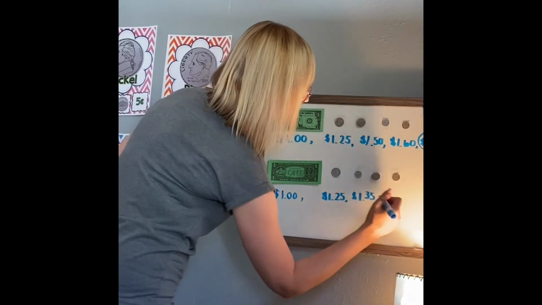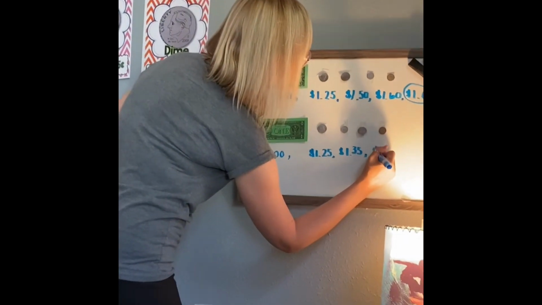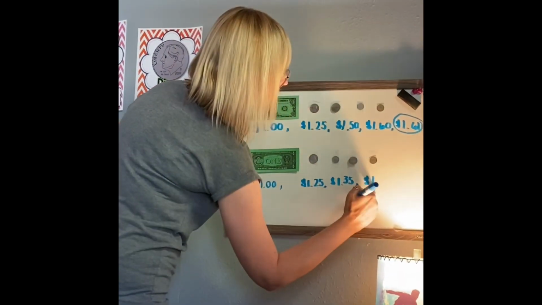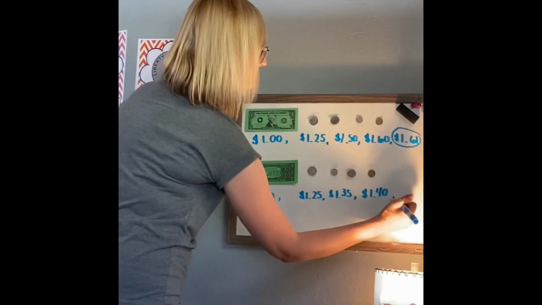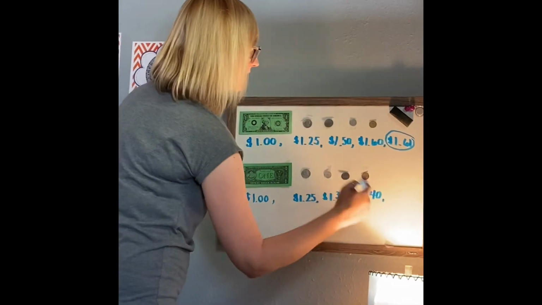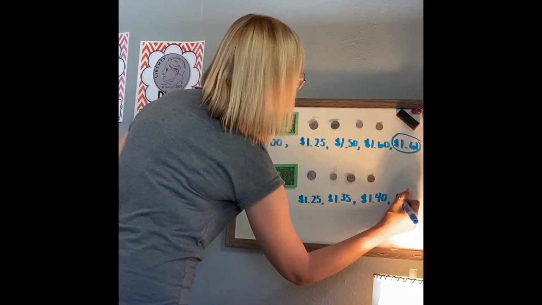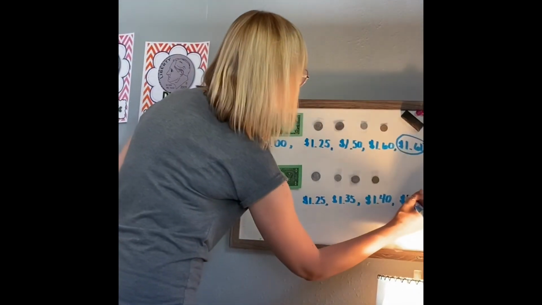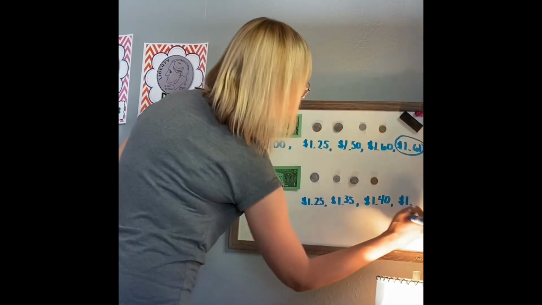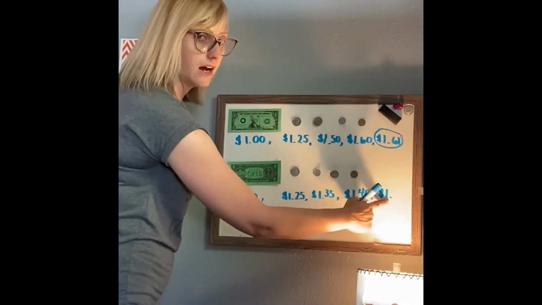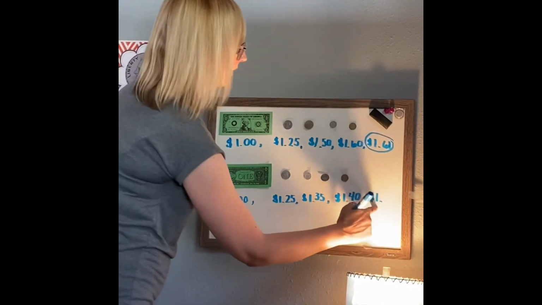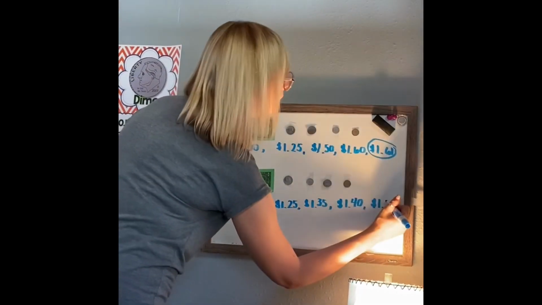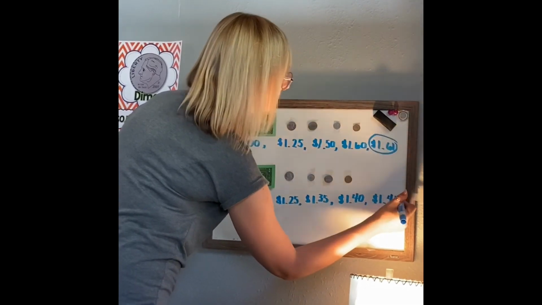Let's keep going. Now we have our nickel, $1.40. And then, to finish it up, we just have our penny left over. So $1.41. I've got to have my dollar sign, and make sure you have your decimal down because that keeps it separated.